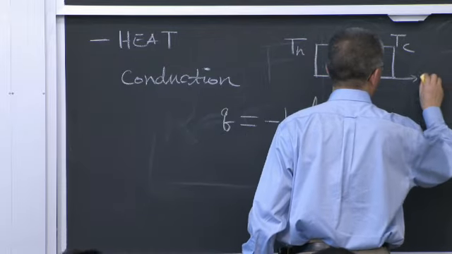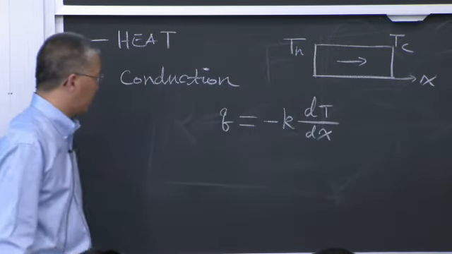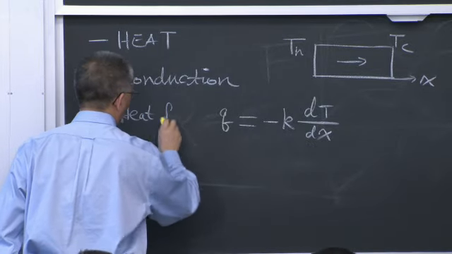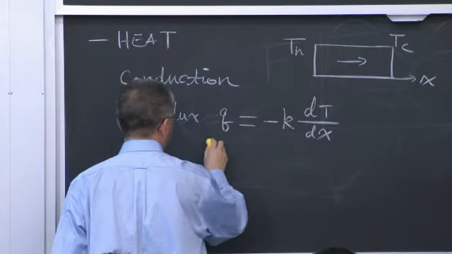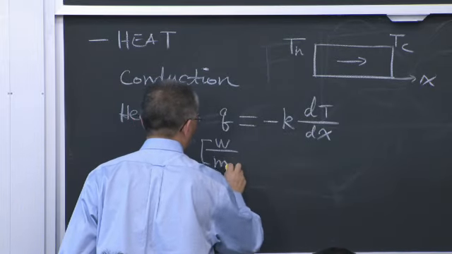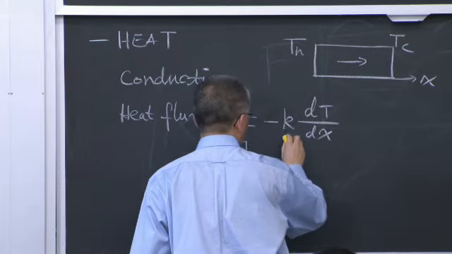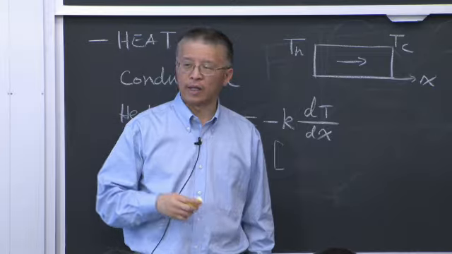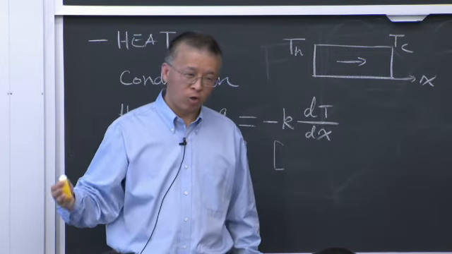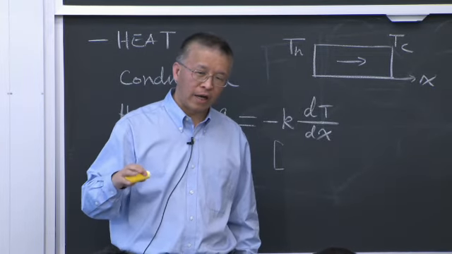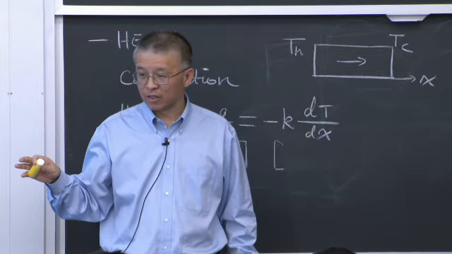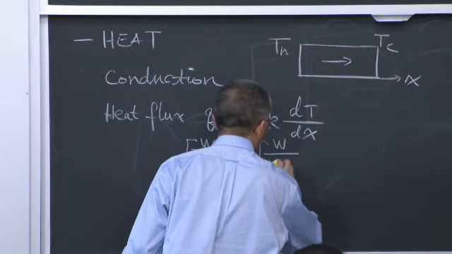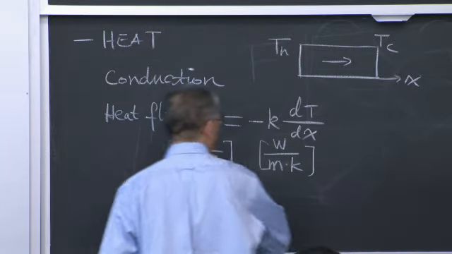This is one dimensional, and this is the heat flux, with units of watts per meter squared. The thermal conductivity is a material property at the macro scale. When you go to nano, you'll find this is no longer a material property because it's structure dependent. Its unit is watts per meter per Kelvin.